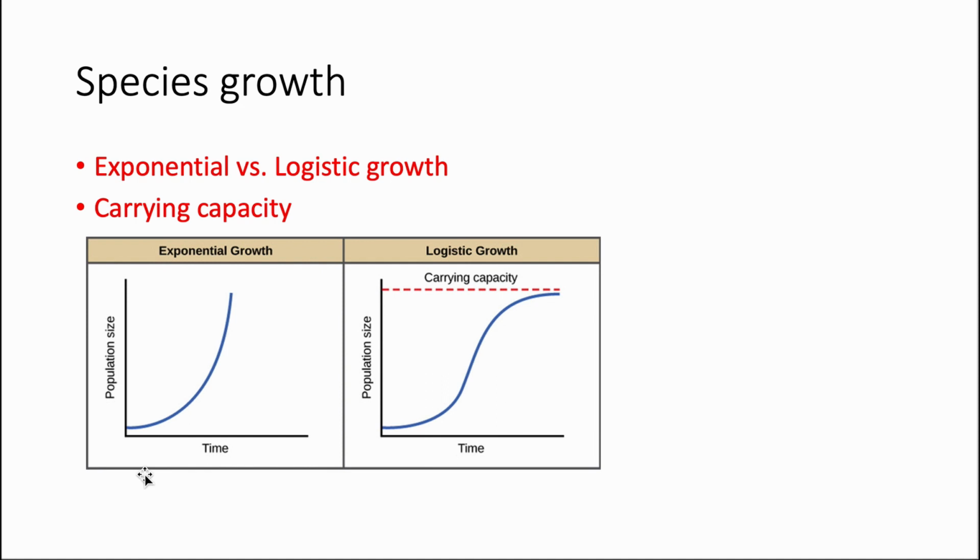Now, after 4 years, you're going to see a growth pattern that looks like this: logistic growth. And there's this very important dotted line that we're seeing here, and it's called carrying capacity. So carrying capacity is how many individuals a system can support.